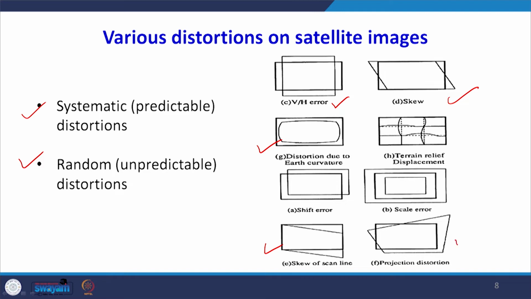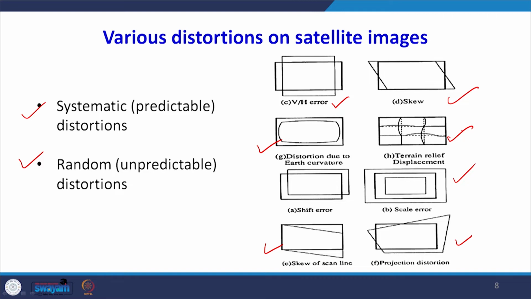Then we have the projection distortion error, if we are not selecting the right kind of projection; it depends upon the size of the area in which we are working. Then there could be a scale error, because some images are taken from a very high altitude and some from a low altitude, and relief displacement error.